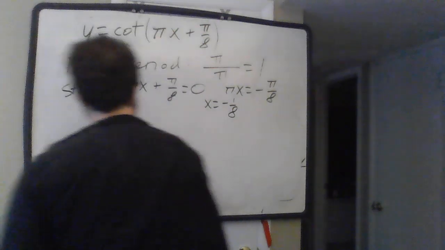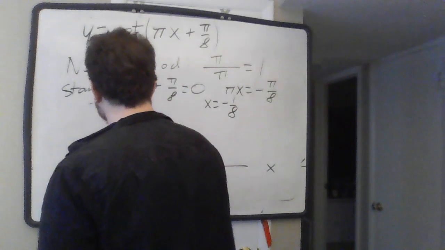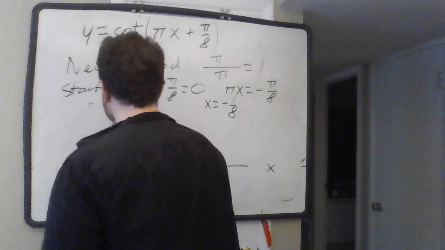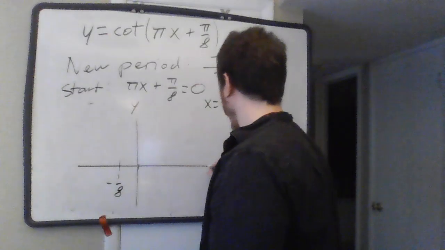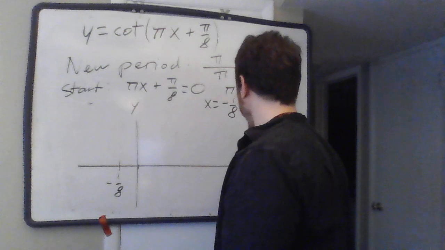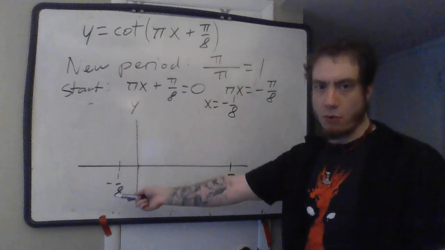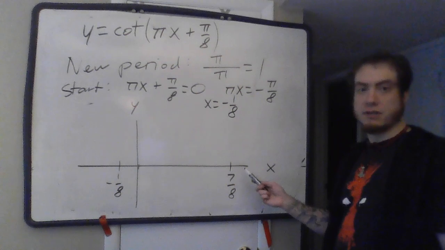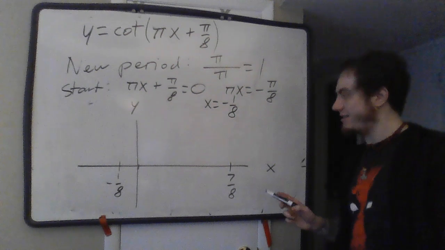And with this information at hand, I can make my sketch. So what used to be at the origin is now at negative 1/8. And we will complete a period after 1, so that's going to be over here at 7/8. Because negative 1/8 plus 1 gets me over to 7/8 is what I'm trying to say.